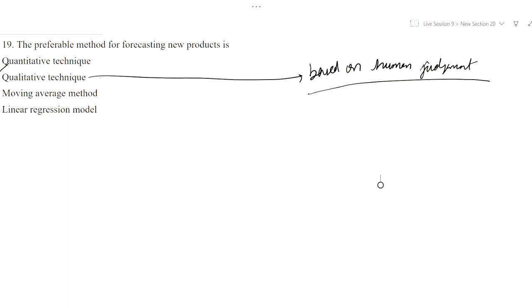Which we already discussed. This includes various types: Delphi, history analogy, jury of executive opinion, Salesforce opinion, direct survey, consumer survey, market research.